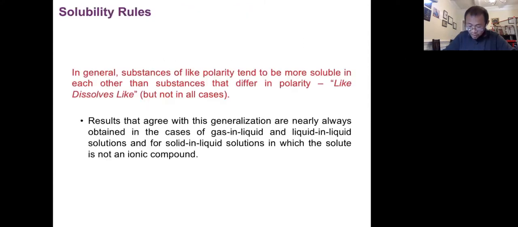Okay, next, let's talk about a very important topic. Previously we talked about how fast we can make it dissolve, but the first question to answer is whether A will dissolve in B. Some never could dissolve, no matter how agitated.